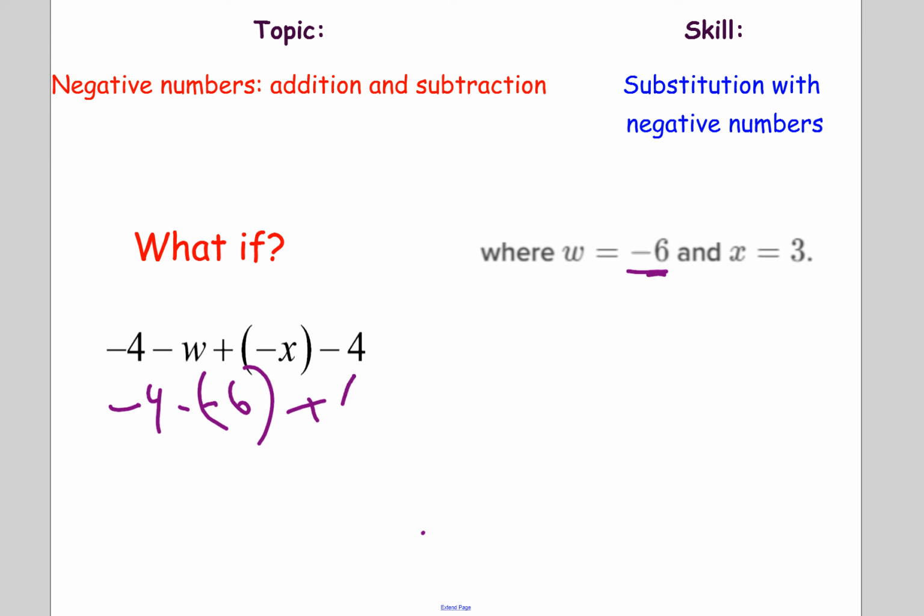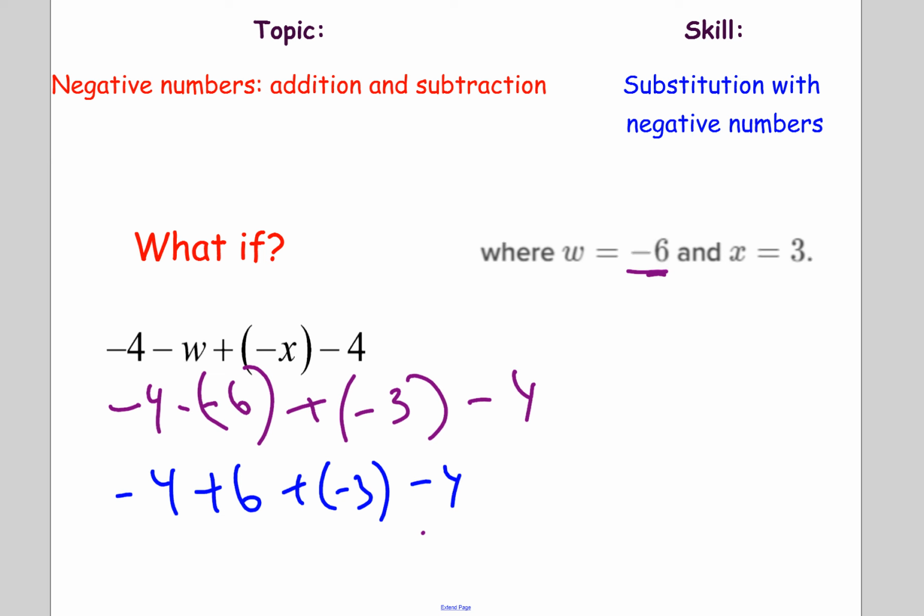Plus negative, what's X? 3, okay, minus 4. So now that I did that, I have this double negative I need to contend with. So I need to change that to negative 4 plus 6 plus negative 3 minus 4. All right, if I put my commas in, I'll do those in red.